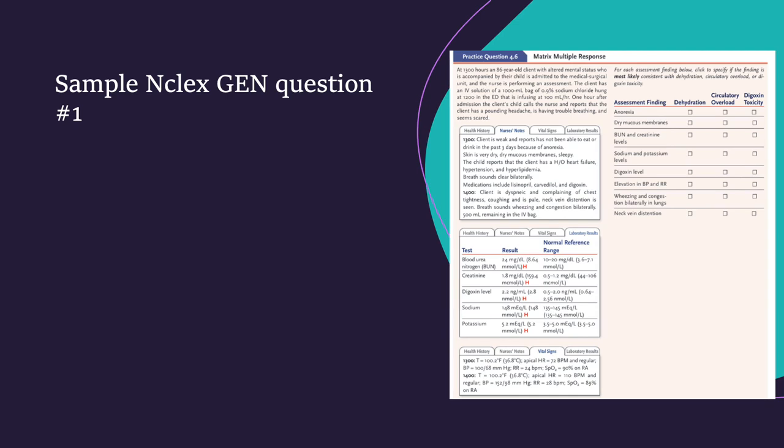So I hope that you made that connection. That would be circulatory overload. Wheezing and congestion bilateral in her lungs, that's circulatory overload. And neck vein distension, that is also circulatory overload.